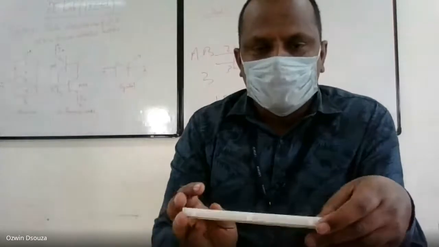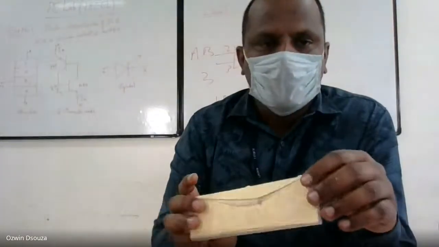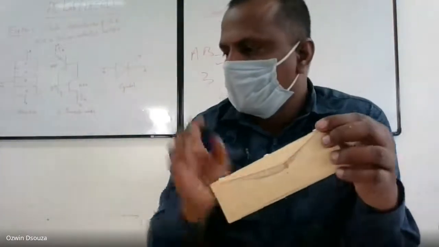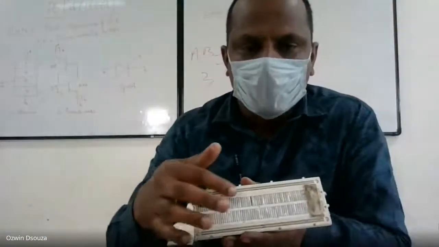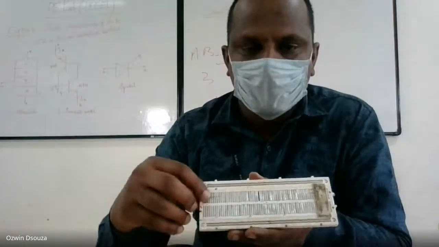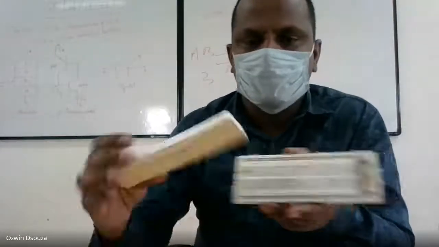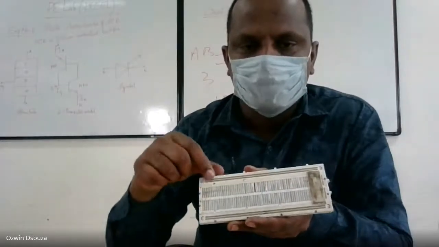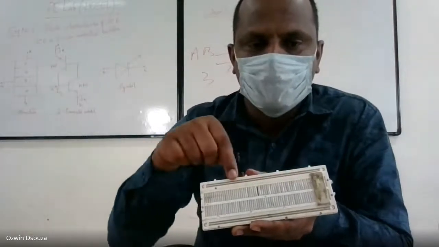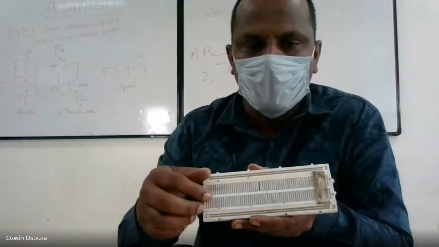You know the breadboard. This is a breadboard. You know, in PU college you connected circuits. Inside the breadboard there is metal, see, horizontal and vertical. This is the sellotape, and inside it is like that. So the lines are there, horizontal and vertical. This is a breadboard.